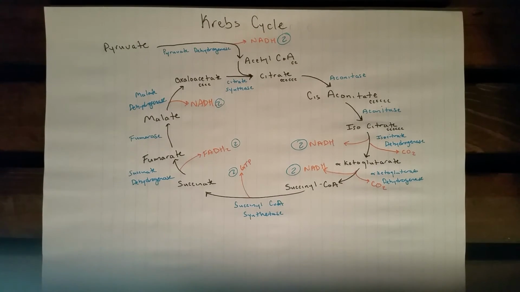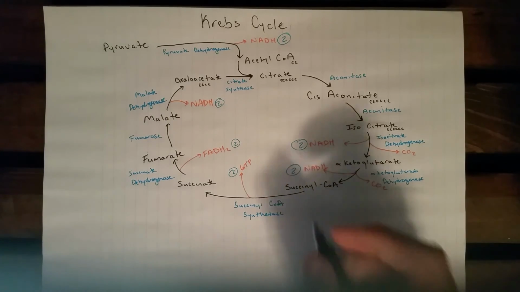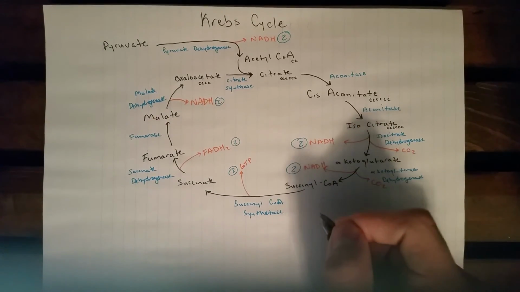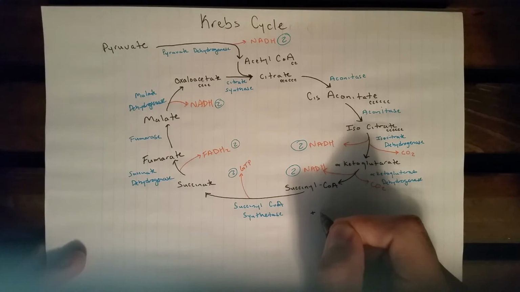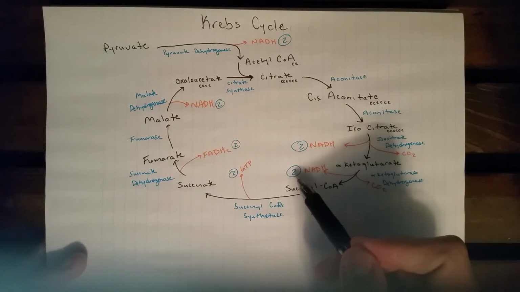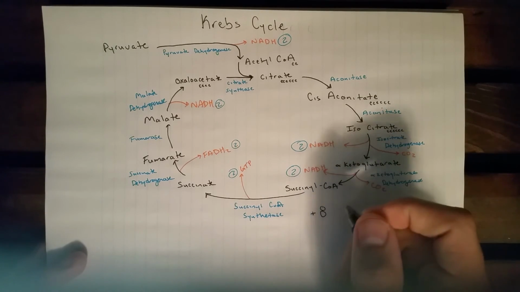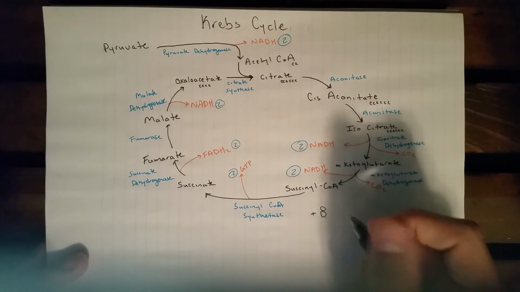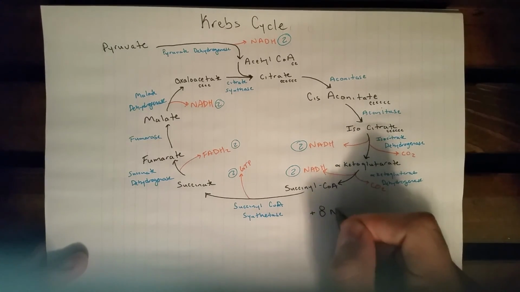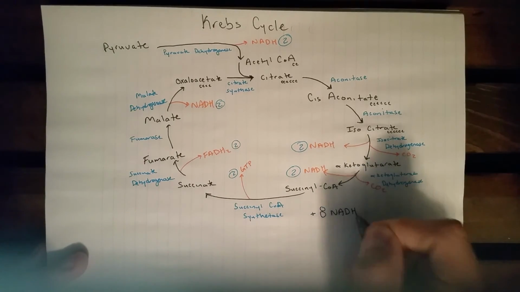So if we look at what we've got here, I'm trying to get my pens in order. We are picking up, where do I have space? Right around here. We're adding 2, 4, 6, 8 total from when the pyruvates begin to change to acetyl-CoA. 8 NADH.